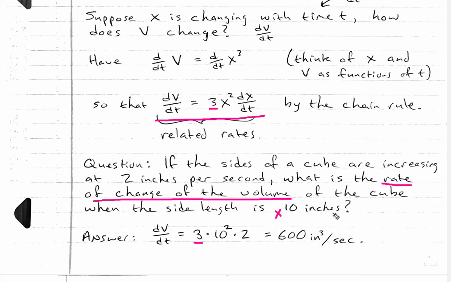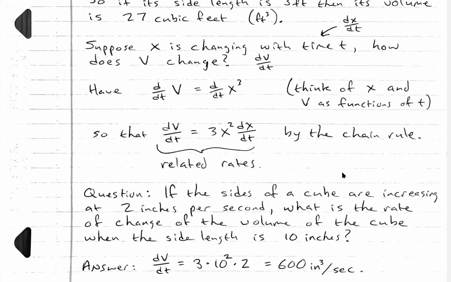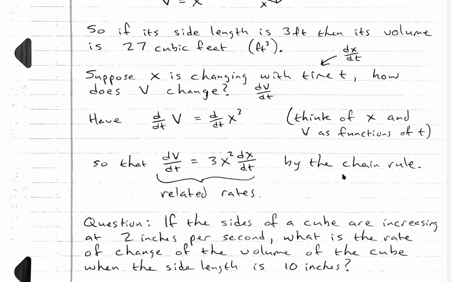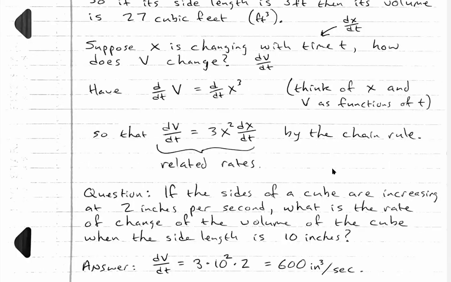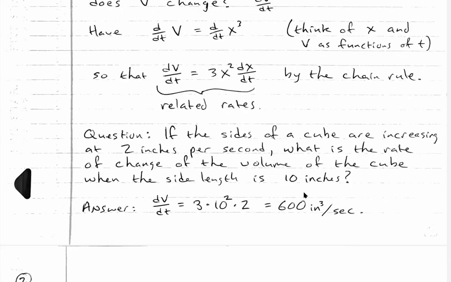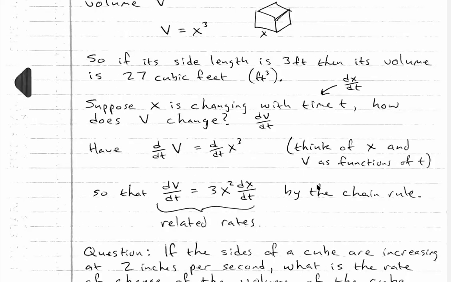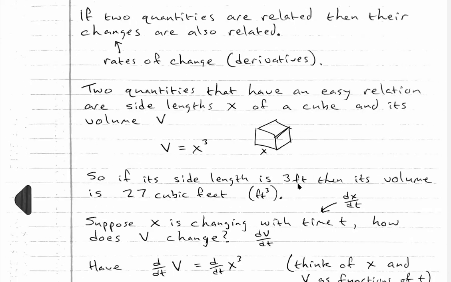So when the box is this big, the volume is increasing at 600 cubic inches per second. All right, so that's what we're up to.